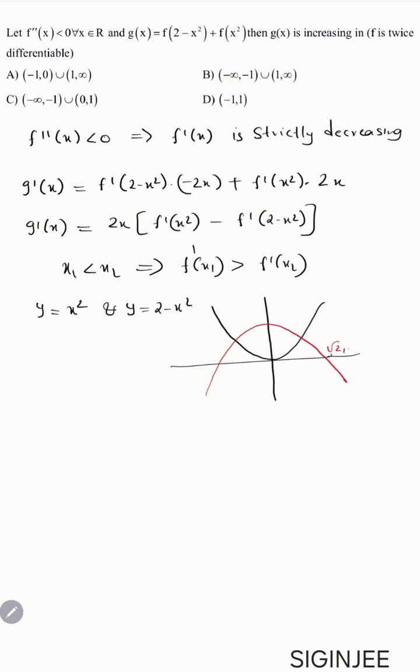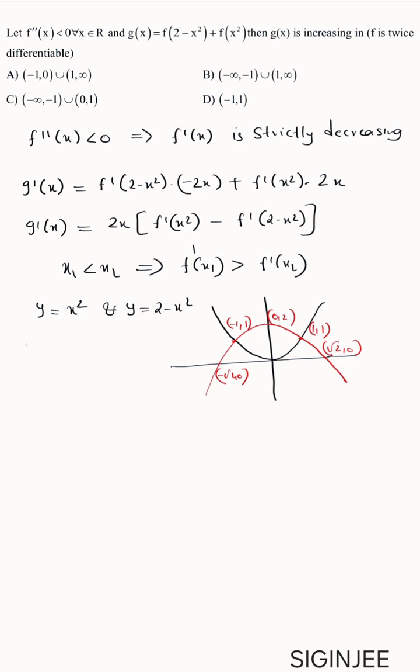This point will be (√2, 0), and this is again (-√2, 0). This point is (1, 1), this is (-1, 1), and this is (0, 2). So we have the inequality relation between x² and 2 - x².